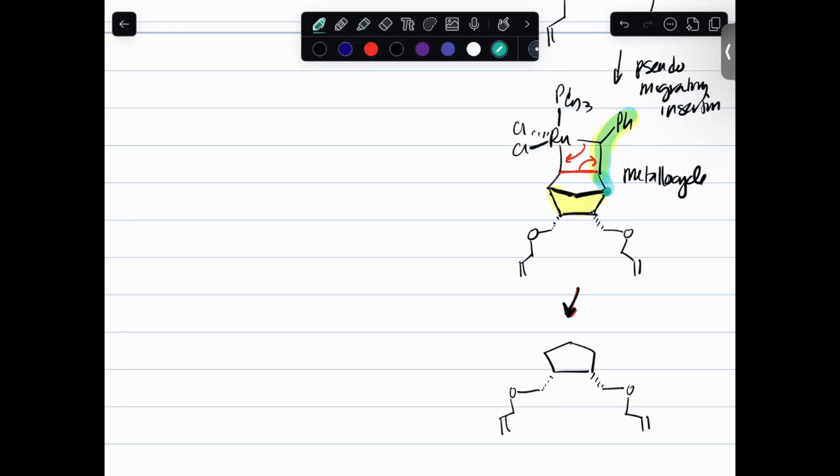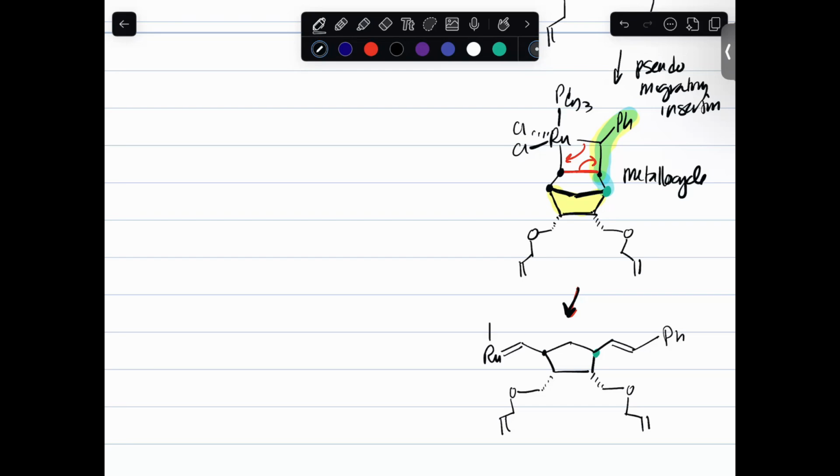And notice that the carbon on the five-membered ring is bonded to that carbon, double bonded, and then to the phenyl group. And then the carbon on the other side is the ruthenium carbon.